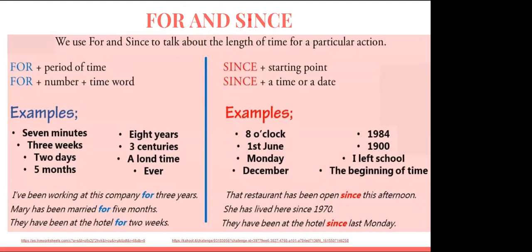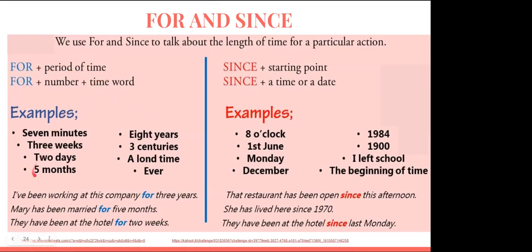and since. We have to understand the difference between for and since. For and since, we are used to talk about the length of time for a particular action. We are going to use the word for with a specific period of time. For example, 7 minutes, 8 years, and also we are going to use for followed by the number and the time word.